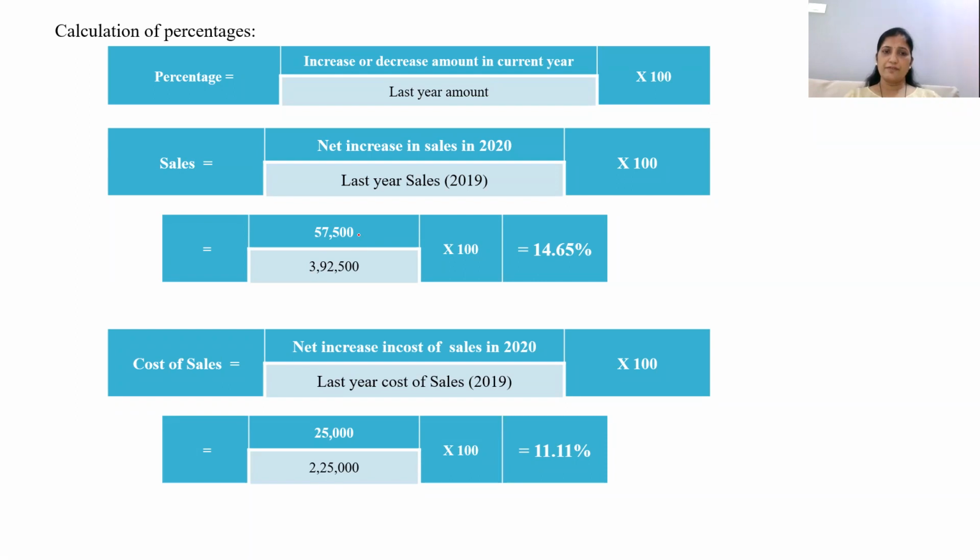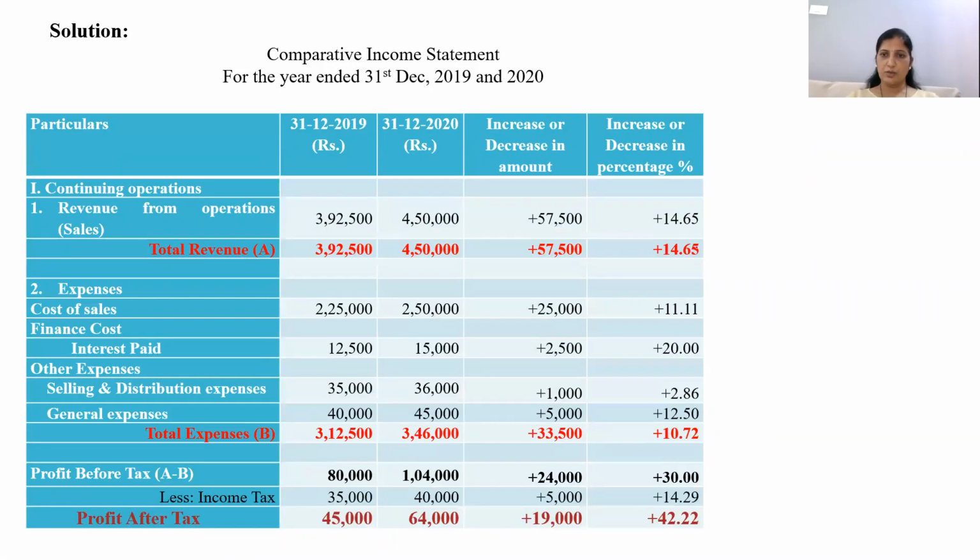So 57,500 divided by 3,92,500, which is the sales figure of 2019, into 100, you will get plus 14.65%. You see, same thing I have written over here, 14.65. Clear about this?